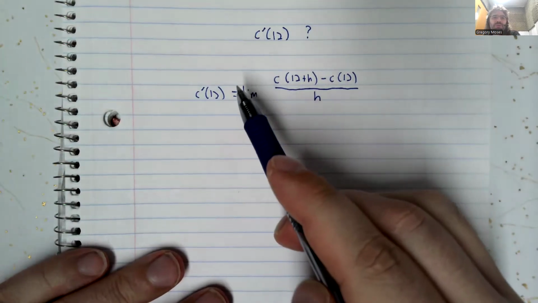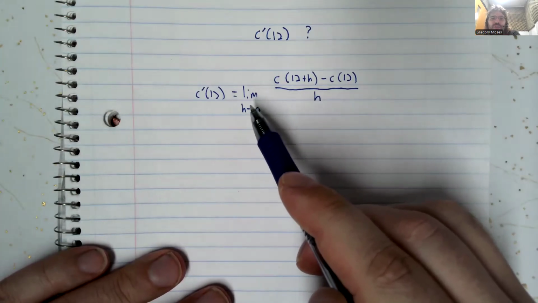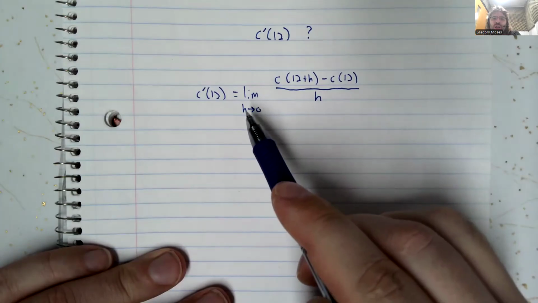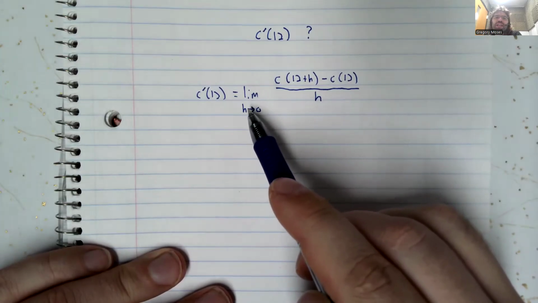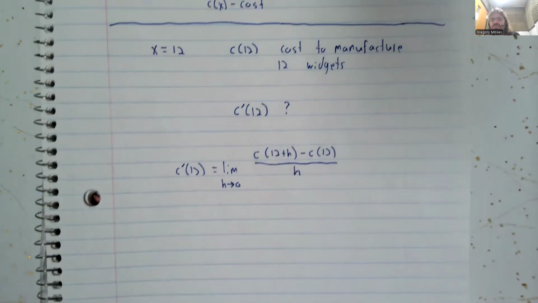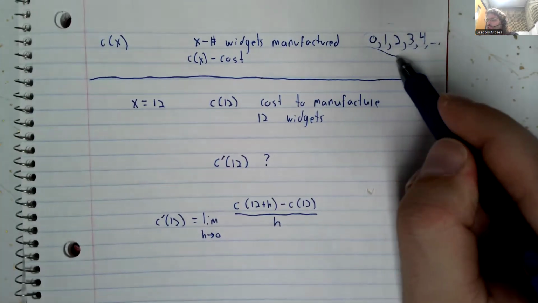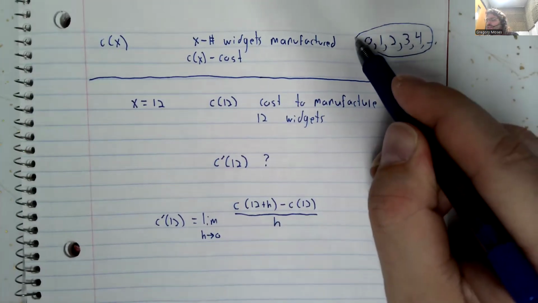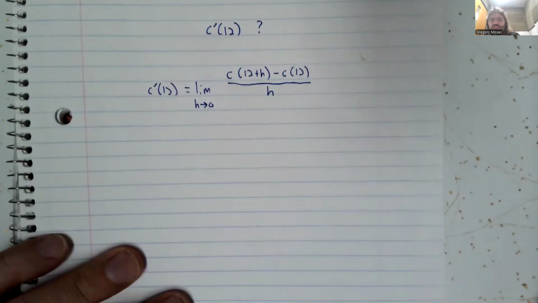The thing about this limit is that mathematically, we're letting h approach 0, but due to real-world reasons, h can't get that close to 0, due to the restriction on the domain that the cost function only takes on the non-negative integers.